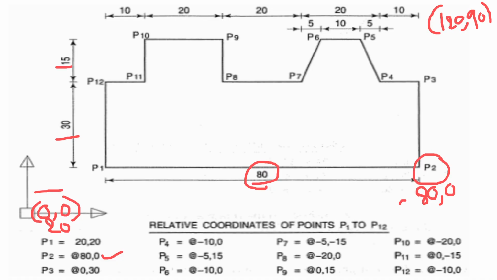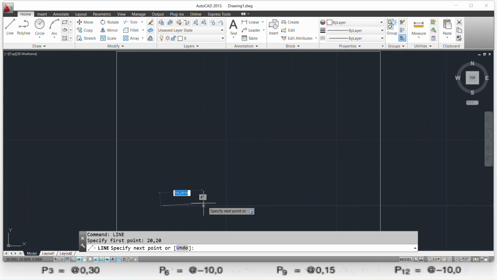We use the at-the-rate symbol to indicate that P2 takes P1 as a reference. So I type @80,0, then press enter. You can see a straight line was drawn.